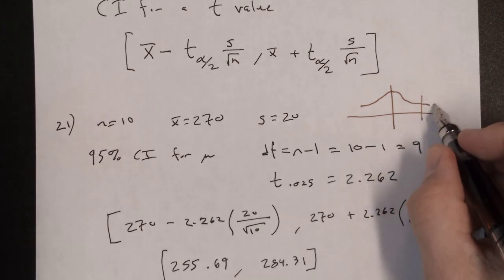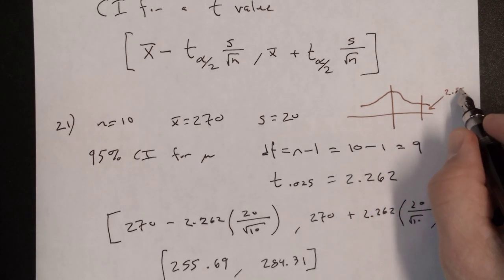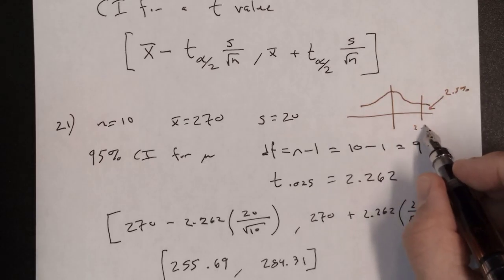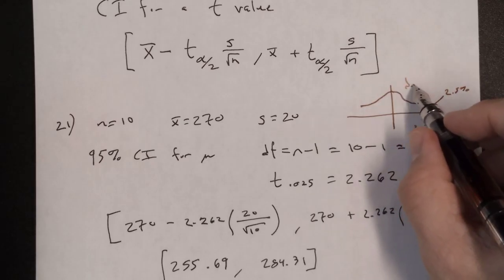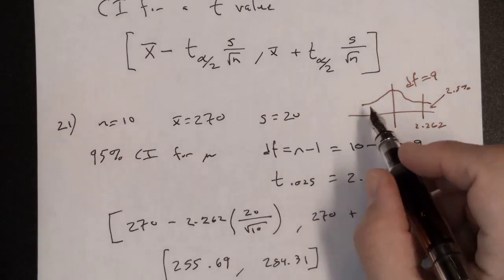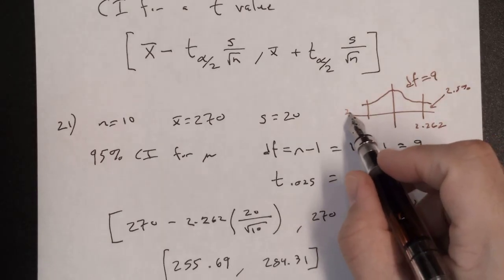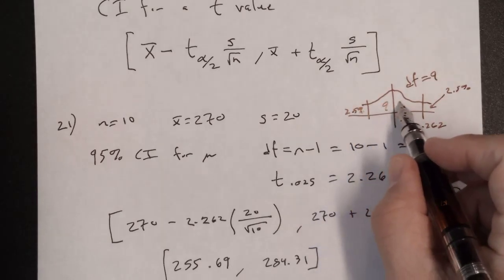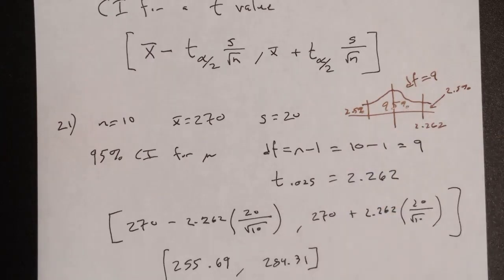When I cut it off and this area is 2.5%, the cutoff is 2.262 with DF being 9. So that's the edge. And then the negative one would be down here. There'd be 2.5% here. And that means that the middle is 95%, which is why I can call that my confidence interval.